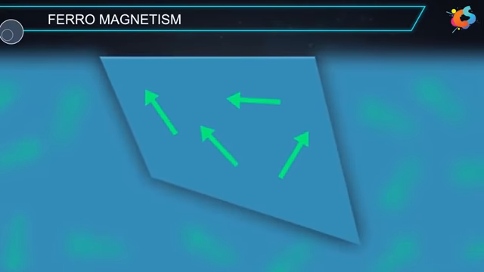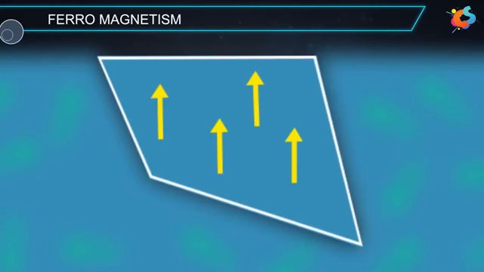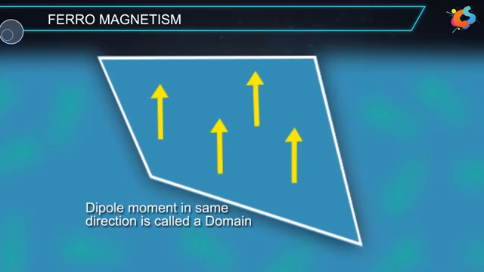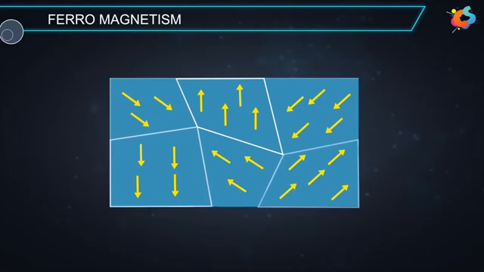The dipole moment of one atom strongly interacts with the dipole moments of the neighboring atoms and they align themselves in a common direction. This small group of atoms with dipole moments in the same direction is called a domain. A ferromagnetic material as a whole is made up of a very large number of such domains.